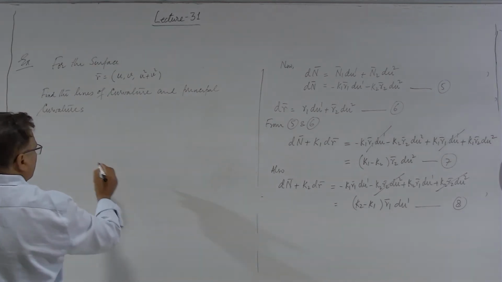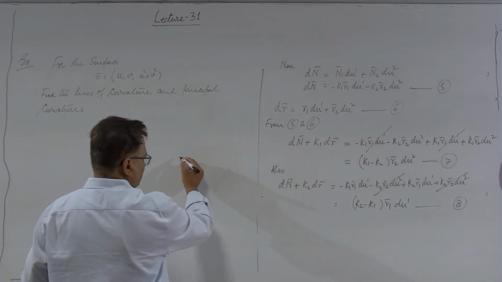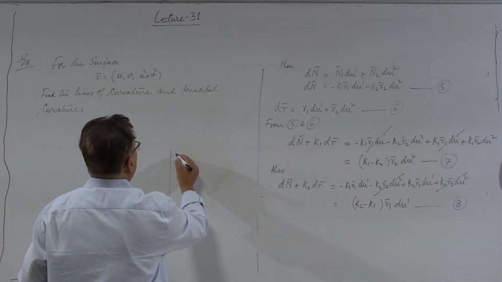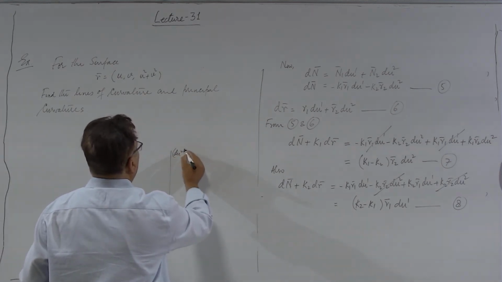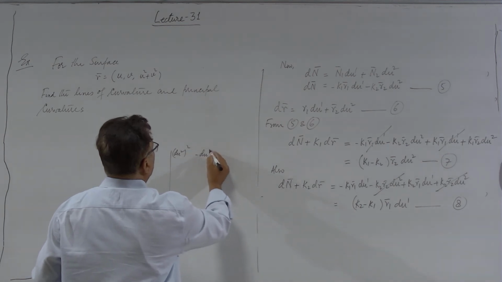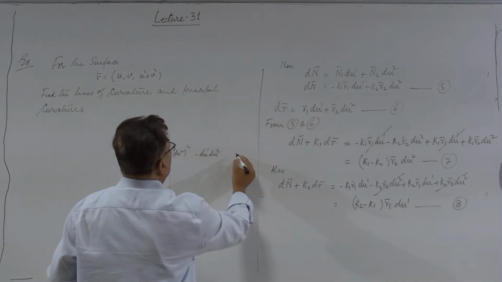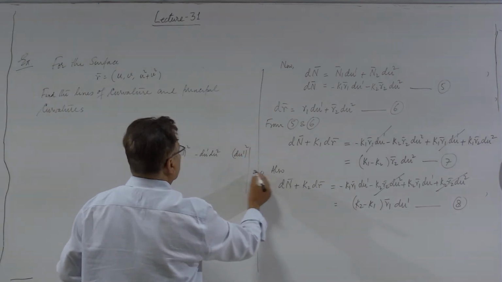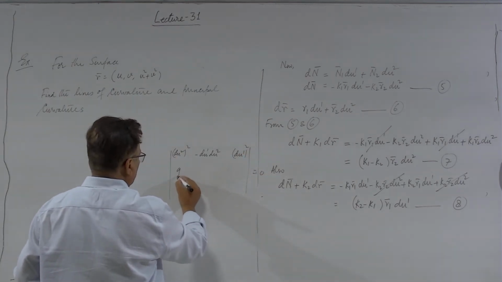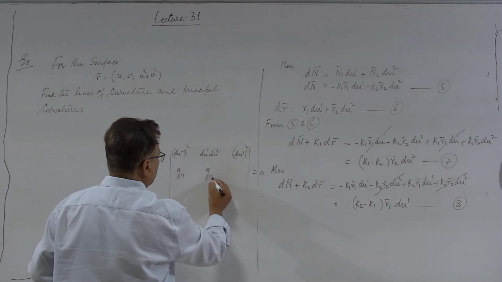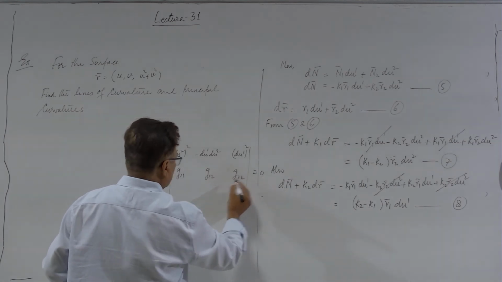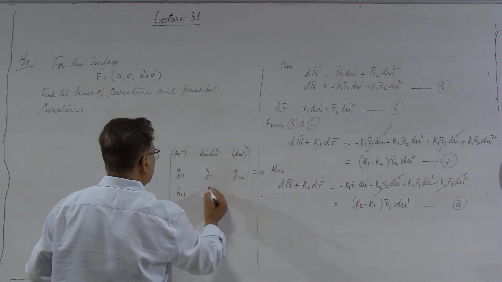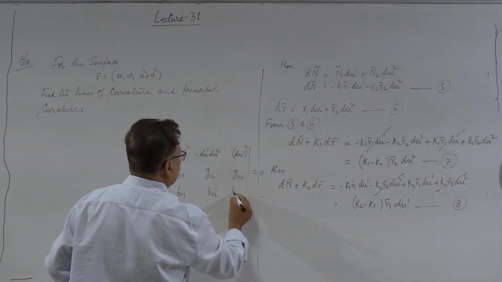If you remember, I may write down here: du2 square, minus du1 du2, du1 square, equal to 0. These rows are G11, G12, G22, B11, B12, and B22.